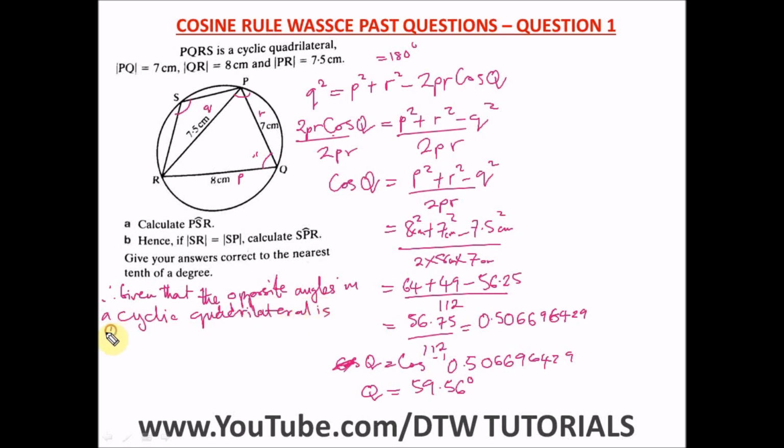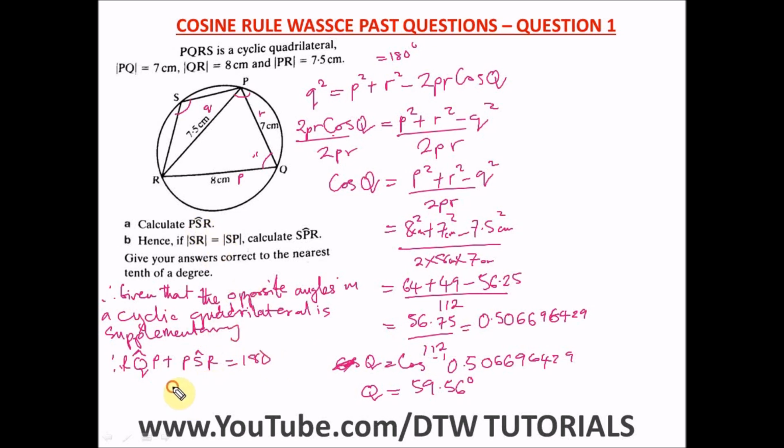Opposite angles in a cyclic quadrilateral are supplementary. Given that this is supplementary, you now say therefore, we have angle Q, which you can just say is RQP, plus PSR is equal to 180.